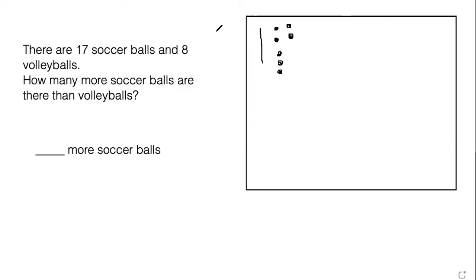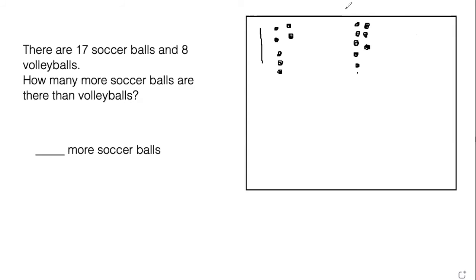We will show that by drawing 8 ones. 1, 2, 3, 4, 5, 6, 7, 8. They want to know how many more soccer balls are there than volleyballs.